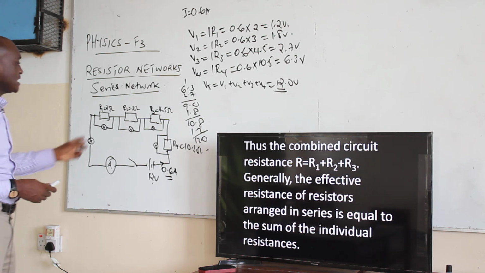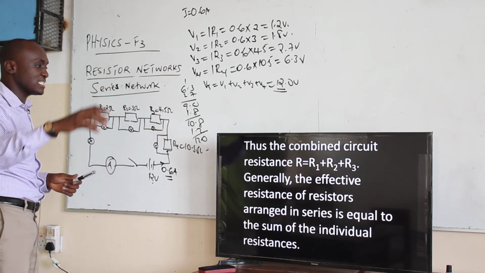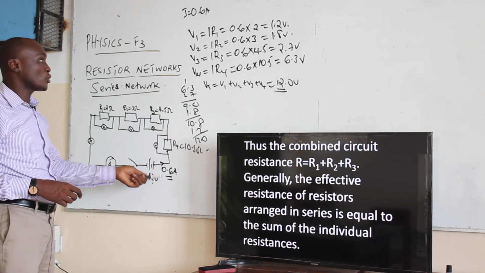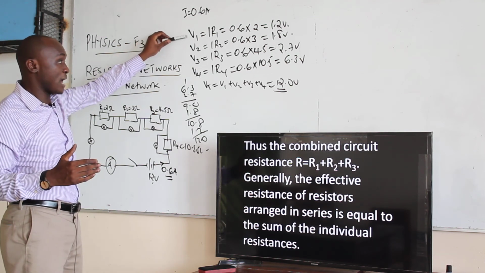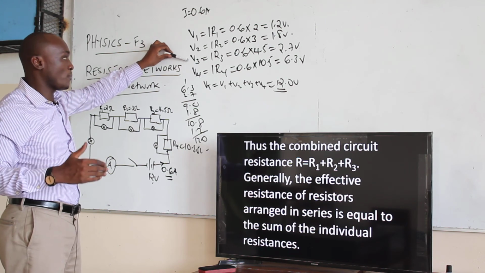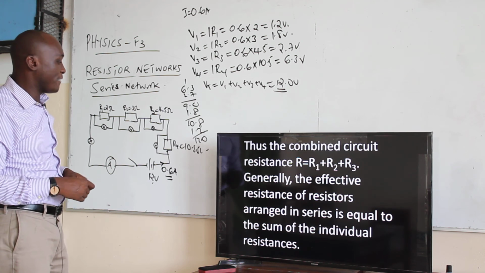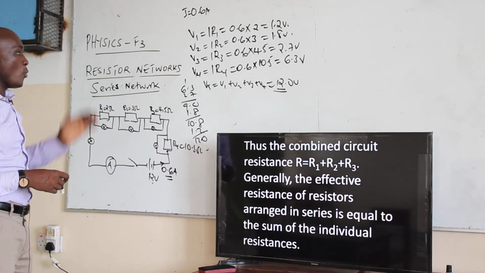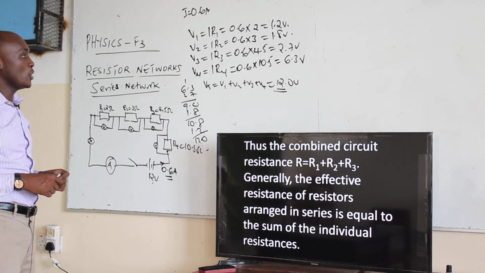Once you have the total resistance, using the total voltage you can find the total current. Once you have the total current, you can find V1, the voltage drop across R1, then V2, V3 and V4. When you add all of them, they have to give you the total voltage across the circuit. So once you have them, it will be very easy for you to calculate what is required. Then from there, you can move on.